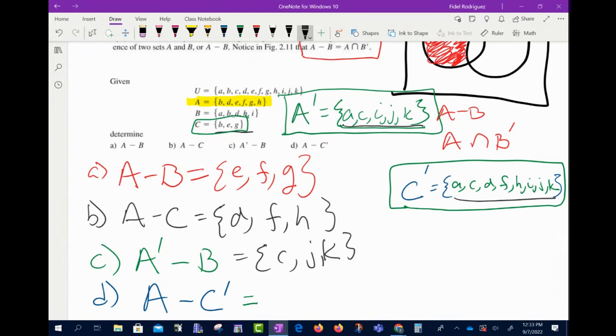So the first letter I see is B, and it's not in the C complement, so I'm going to go ahead and write that one down. The next one I see is D, but I can't use it. We can use E. We can't use F, but we can use G, and we can't use H because it's over here too, right? So A minus C complement was just the letters D, E, and G.